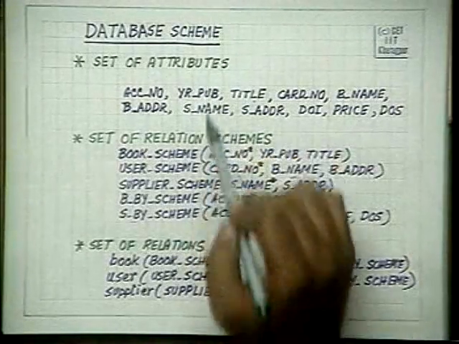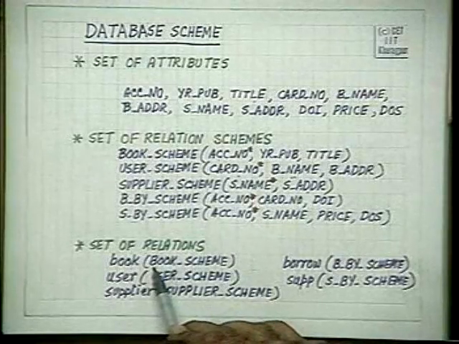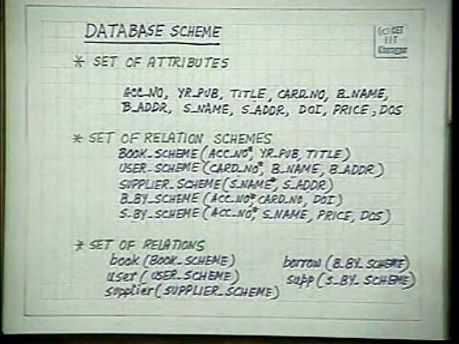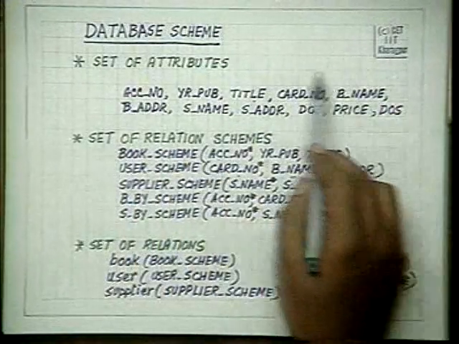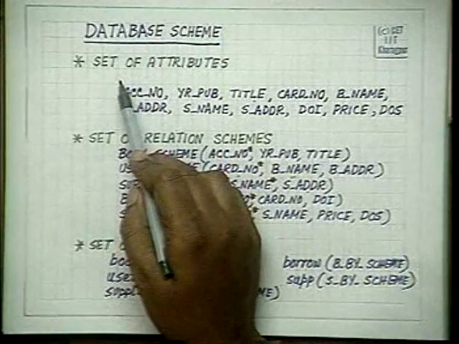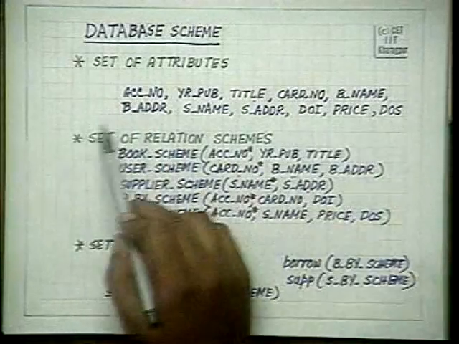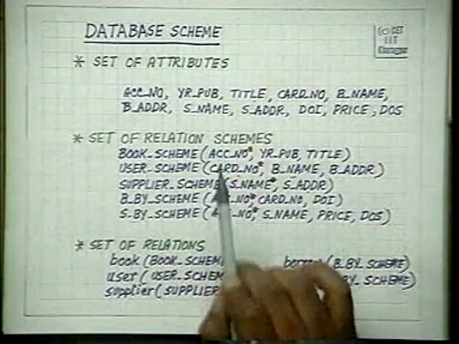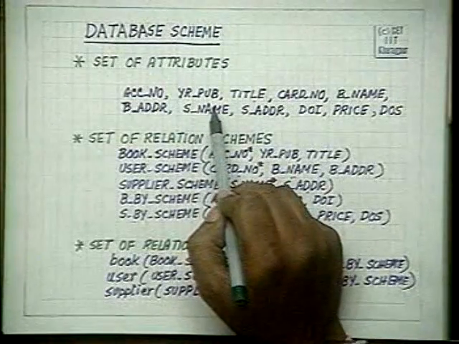The set of attributes is first uniquely and globally defined. That is what I was trying to stress in the beginning, that this set of attributes is first defined, and it is a global definition. Therefore, if you have any common attributes, they are from this attribute pool only.